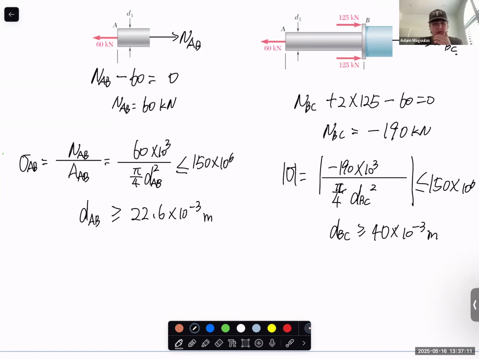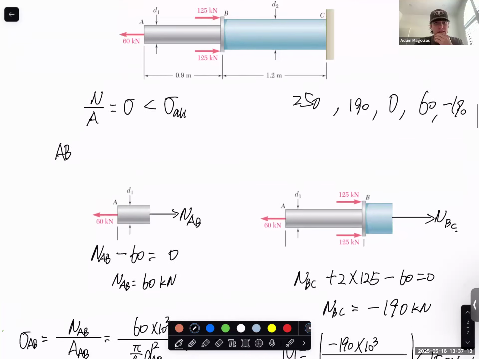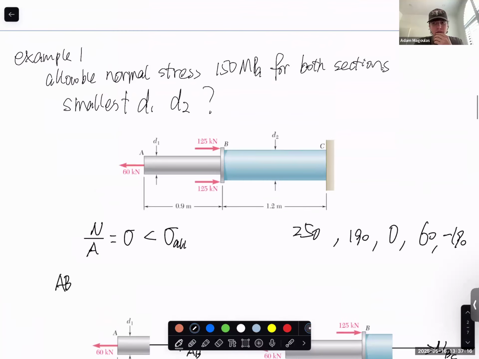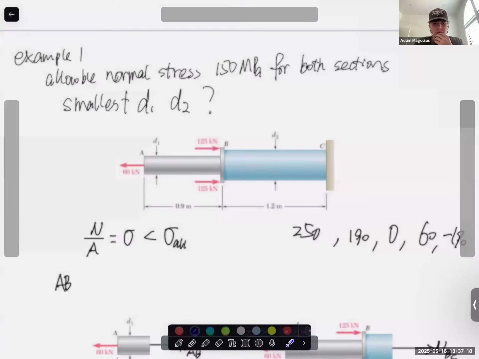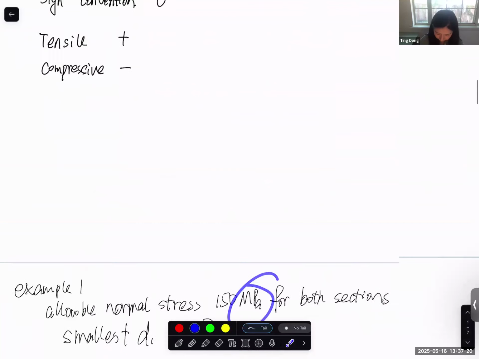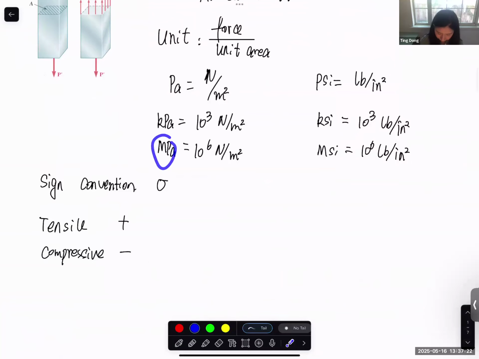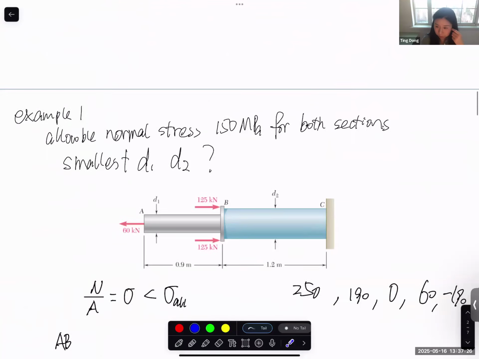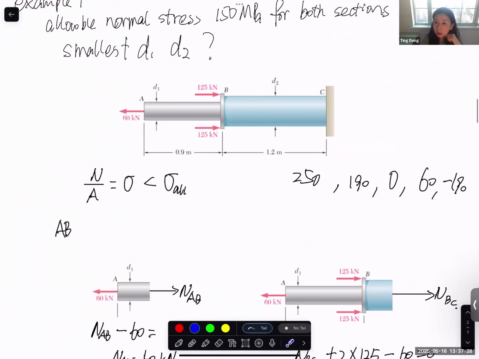In the original problem statement, what were the units for what was given? Was that micropascals? Megapascal. Oh, mega, okay. Yeah, so megapascal, 10 to the 6 Newton per meter square. Any question for this example problem? When it's compression, we take the absolute value?